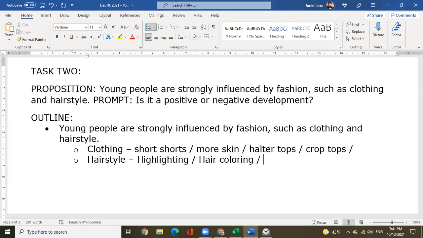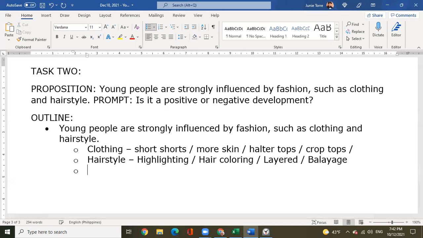Why am I giving examples on girls? Hair coloring, and then like layered. What else? The balayage. Stuff like that. And then the influence part.